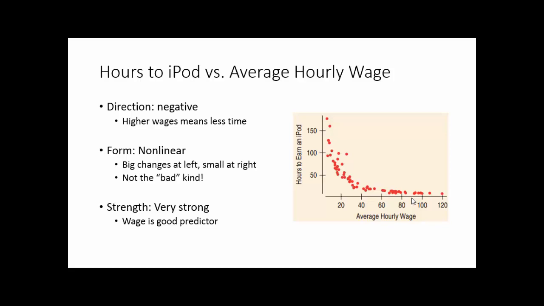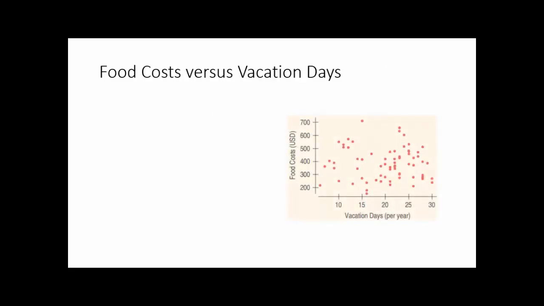And another final example from this data set is the food cost versus vacation days. So how many vacation days a worker gets in that country each year, and then on the vertical axis is the food costs. And what do we see? Well, it's actually a pretty big cloud of points. There doesn't seem to be much pattern at all.